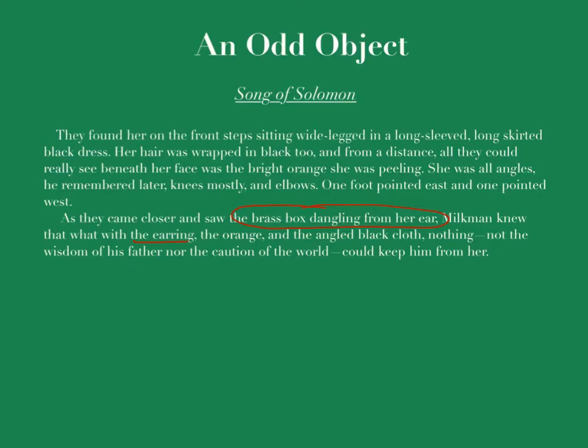So as a reader, I see that detail, and it's just so odd that I can't not notice it, and my radar is up, so I pick up on the fact that this has got to have some meaning beyond just being an earring. And it turns out it does.